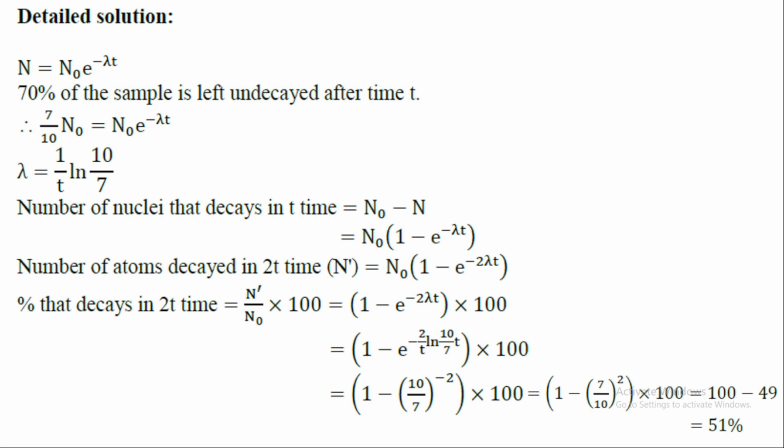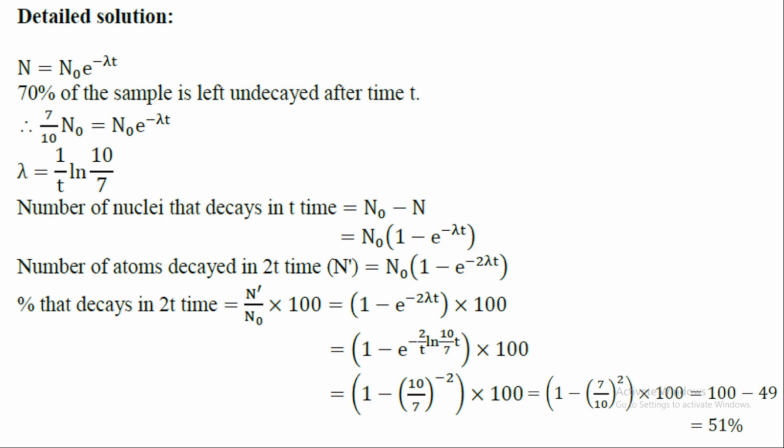Now if I have to find the percentage, how will you find it? Percentage will be N dash, the number of atoms decayed in time 2t, divided by the initial amount, multiplied by 100. That is how you calculate the percentage: final divided by the initial, multiplied by 100.